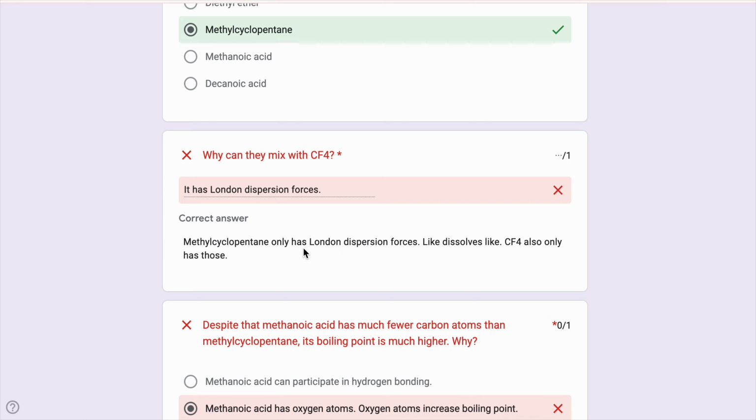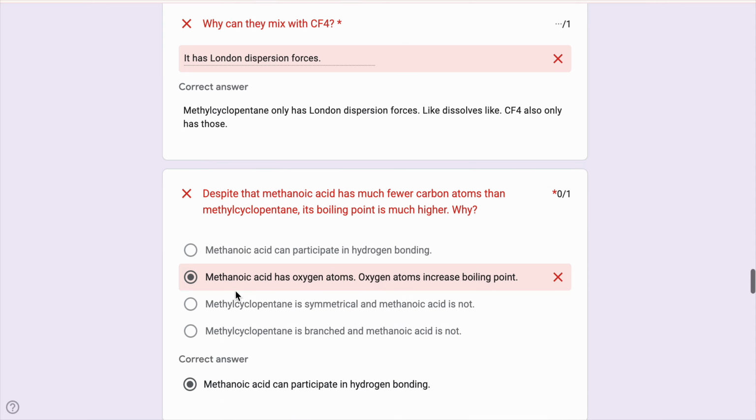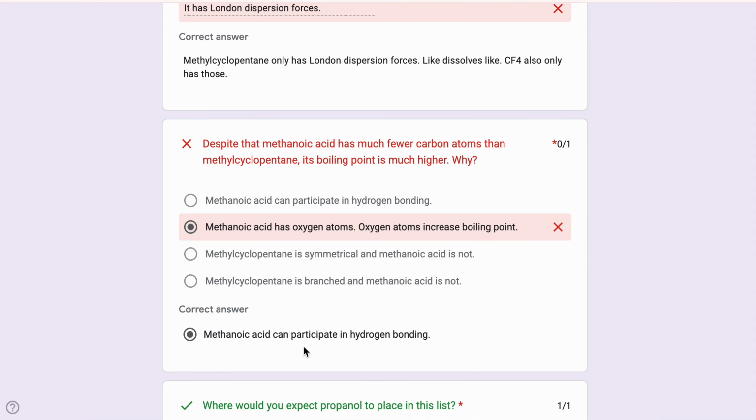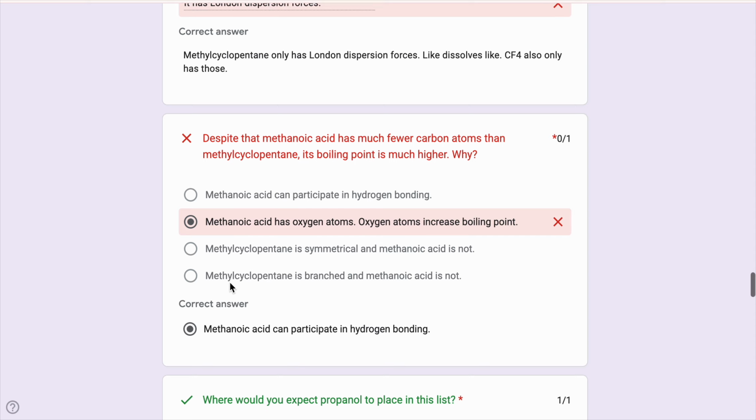It has only London dispersion forces, like dissolves like, so CF4 has only those. Methanol can participate in hydrogen bonding. Okay.